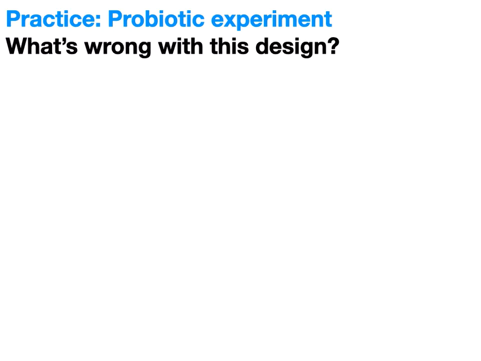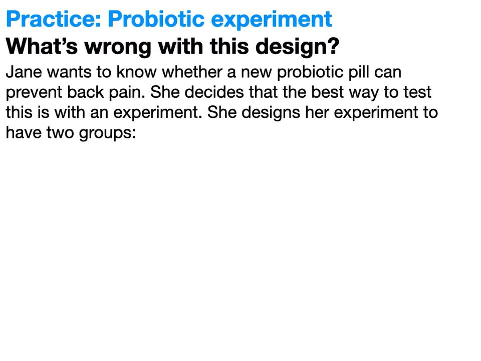All right, so moving on, here's a little practice question that we'll look at on Zoom. So I'm going to propose another hypothetical experiment, and I want you to think about what is wrong with the design of this experiment. Okay, so in this scenario, Jane wants to know whether a probiotic pill can help prevent back pain. And she decides that the best way to test this is with an experiment.